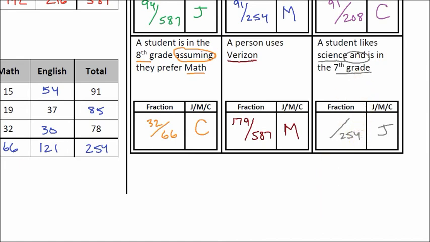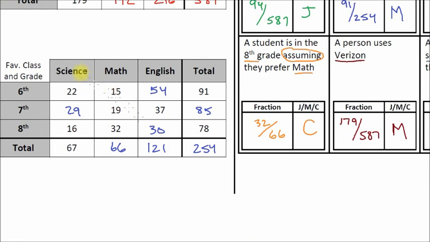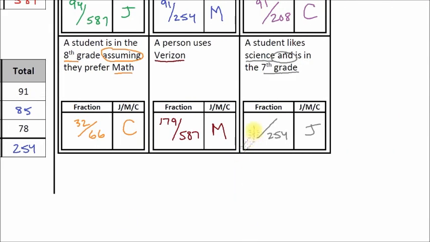And let's see how many of them like science and are in the 7th grade. So here's our like science. Here's in the 7th grade. There's our joint probability of science in 7th grade, which is 29. So 29 students out of a total of 254. So there is our table of joint, marginal, and conditional relative frequencies.